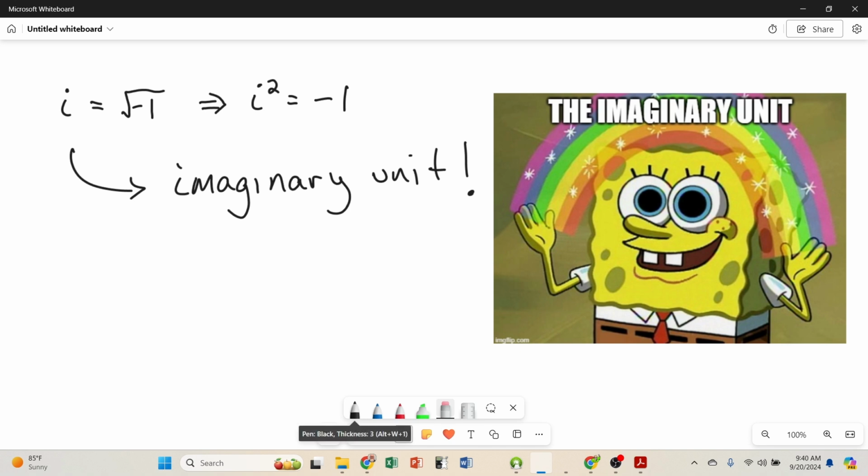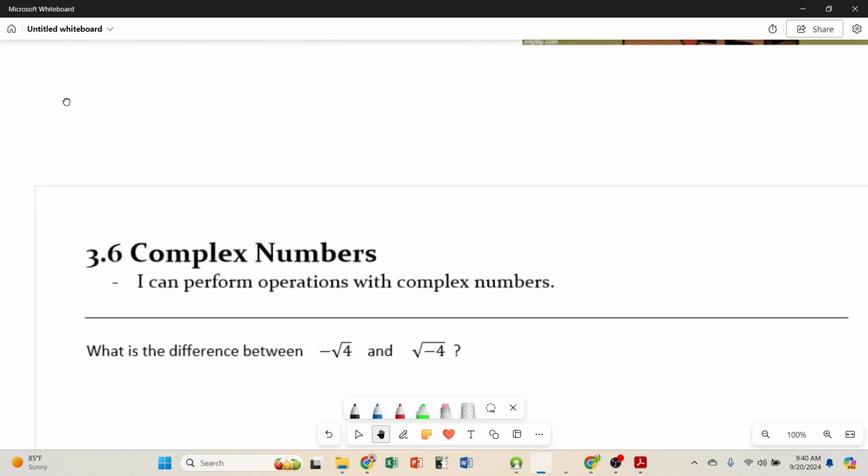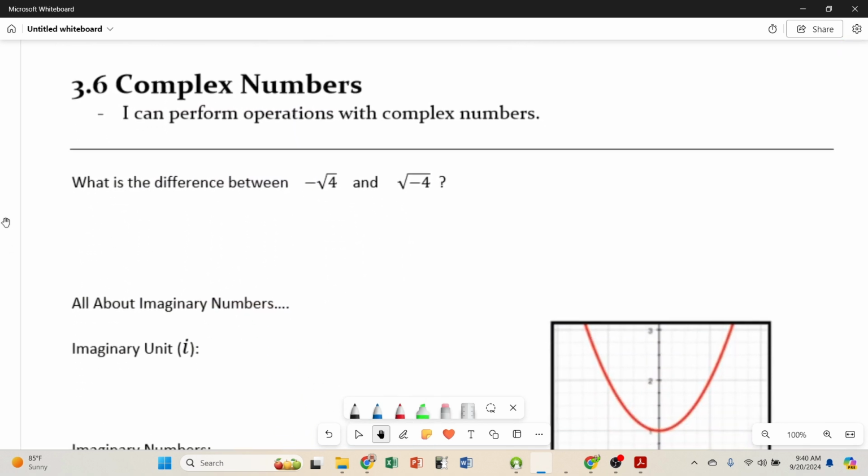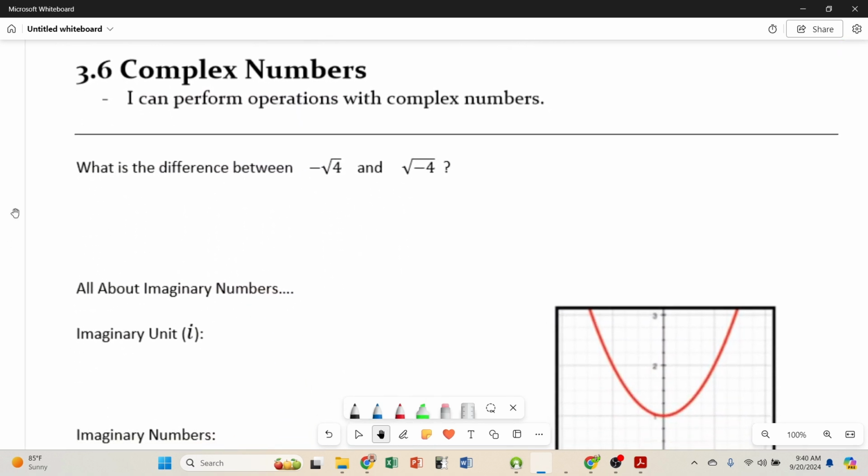We're going to use the imaginary unit to work with complex numbers going forward. So our goal of this lesson is that you can perform operations with complex numbers.